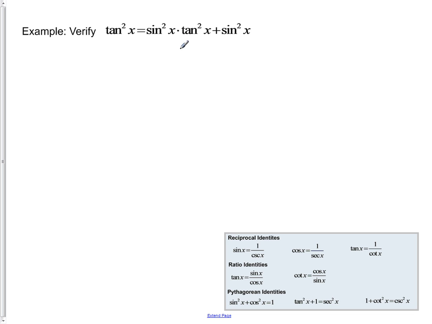So, one thing that I can tell you right now is if you've got a lot of terms on one side, you got a lot going on one side, but not much on the other, probably the very first thing you might want to do before you start doing any of these trigonometric identities is do the algebra first.